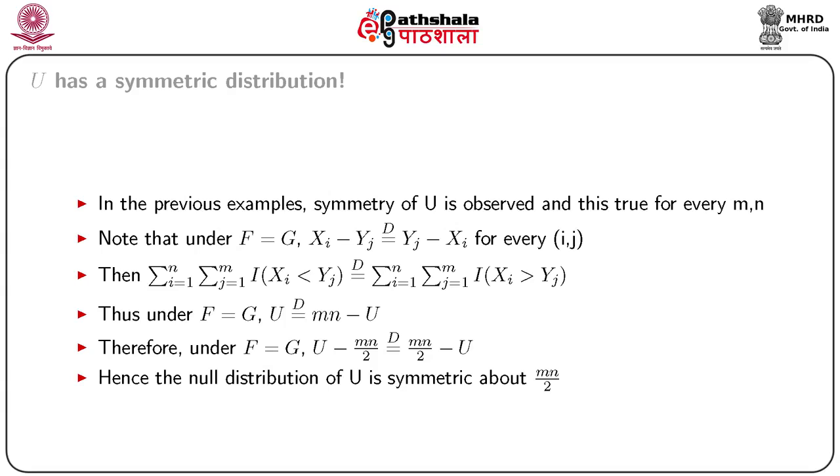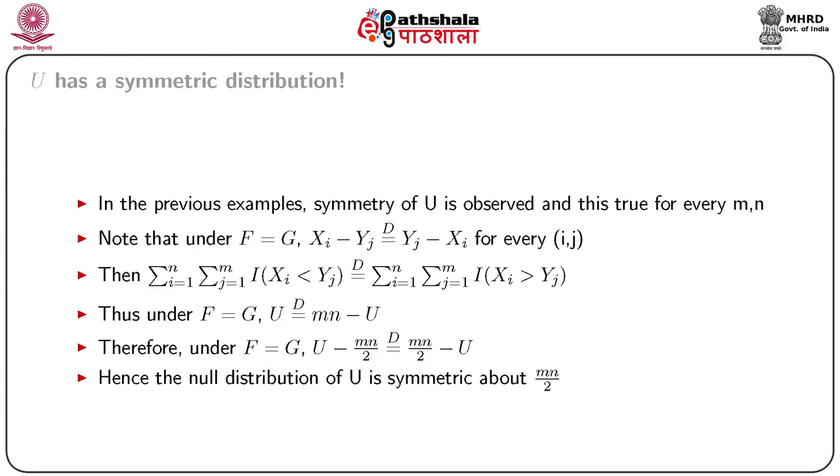Symmetry is in fact true for every m and n. This follows as below. Suppose f equal to g, then the distributions of xi minus yj and yj minus xi are the same for every i, j. Then the summation i from 1 to n, summation j from 1 to m, indicator xi less than yj has the same distribution as the summation i from 1 to n, summation j from 1 to m, indicator xi greater than yj.